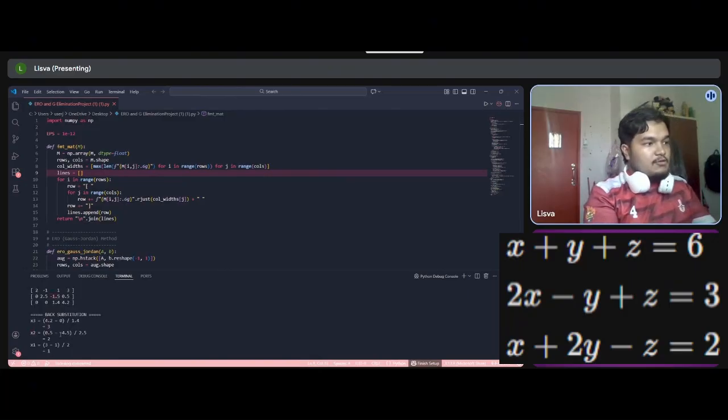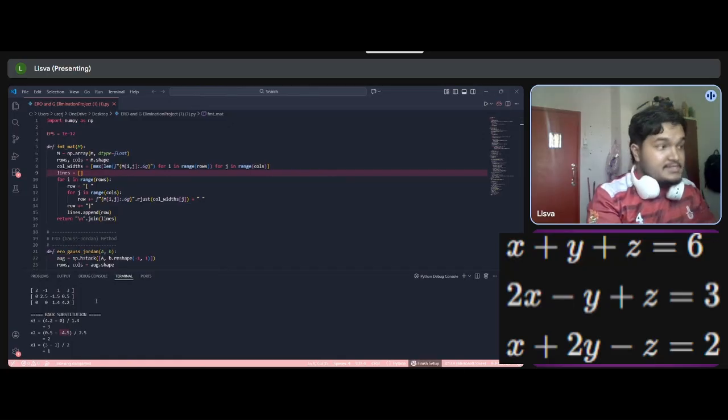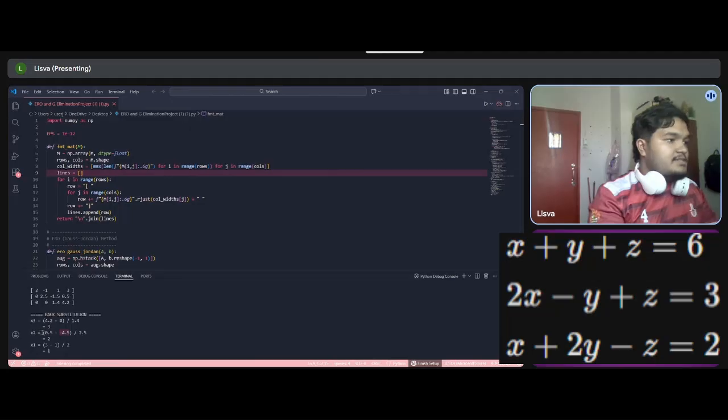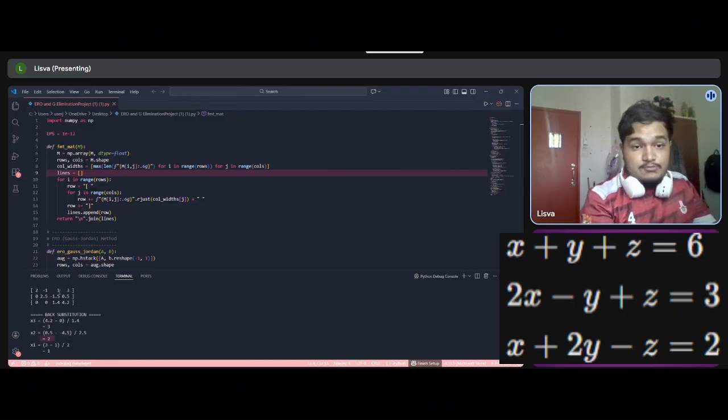So that's how we got the negative 4.5. So since 2.5y equals 0.5 minus negative 1.5z, we basically rearrange the algebra. So what we'll get is 0.5 minus negative 4.5. Then we divide it by 2.5. Therefore, we'll get the answer 2. So our y is 2.